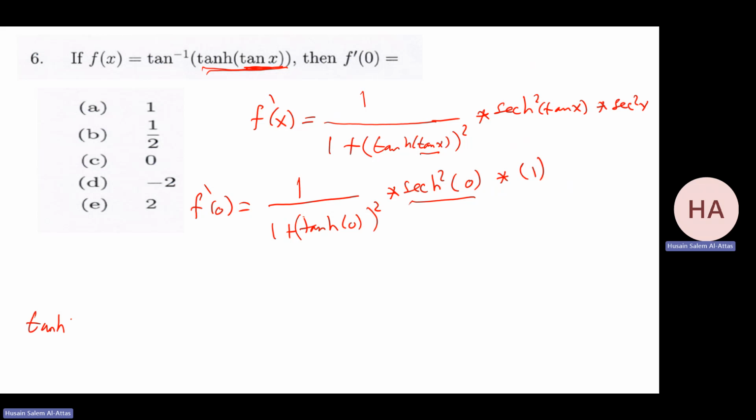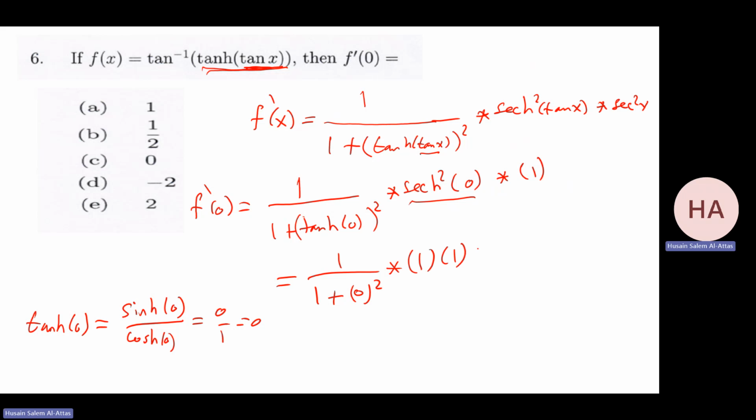Tan hyperbolic at 0 will be sine hyperbolic at 0 over cosine hyperbolic at 0. I know this is 0 over 1, so that is 0. So this one will be 1 over 1 plus 0 squared, which is 0, times secant hyperbolic. I know it's 1 over cosine, which is 1, times 1. So the answer is 1.